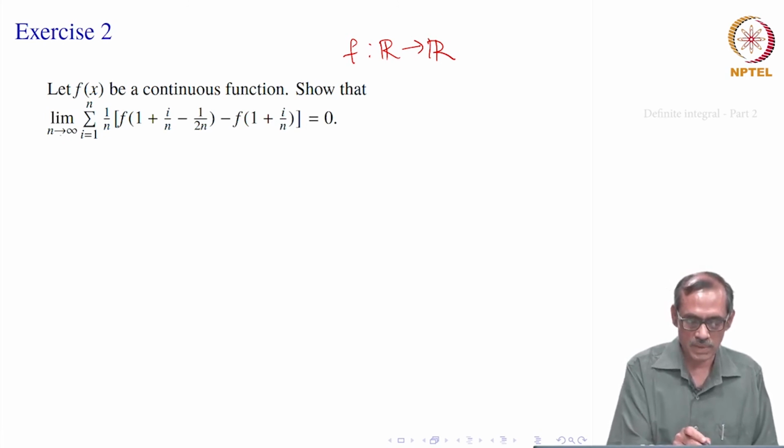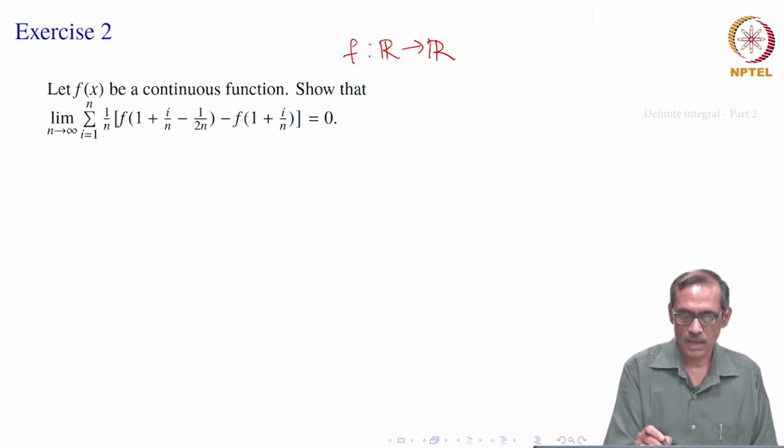We want to show that the limit as n goes to infinity of the summation, i from 1 to n, of 1 by n times [f evaluated at 1 plus i by n minus 1 by 2n, minus f evaluated at 1 plus i by n], is equal to 0. Now you see i has to be between 1 and n.